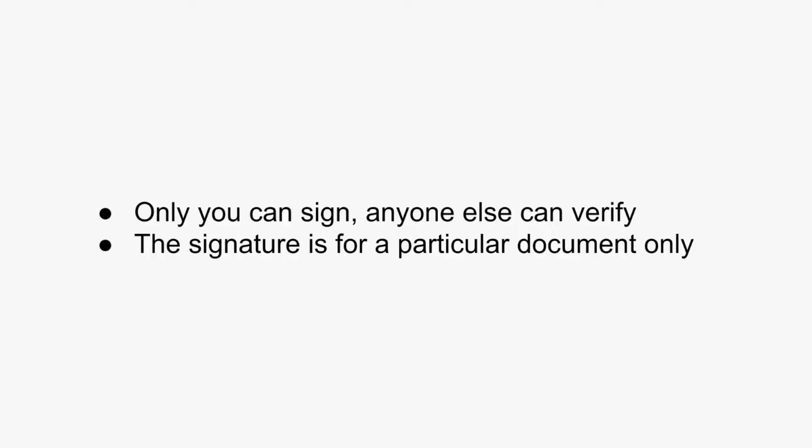When we design the digital signature, we need to make sure that only you can sign it, but all the others can easily verify. We also need to make sure the signature you just signed is for a particular document only.